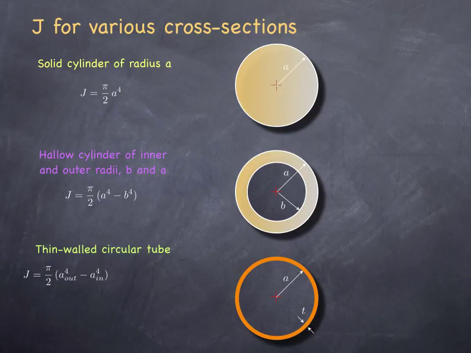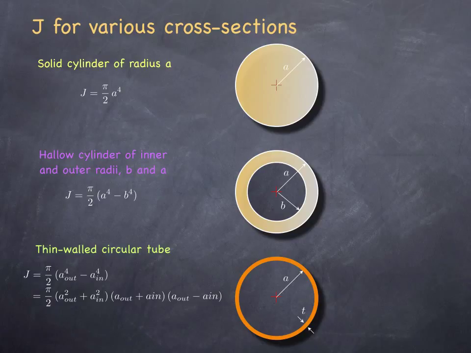So the exact formula is pi over 2 times a out to the fourth minus a in to the fourth, but we can expand that out and say that it is pi over 2 times a squared out plus a squared in, times a squared out minus a squared in, which can also be expanded as a out plus a in times a out minus a in.